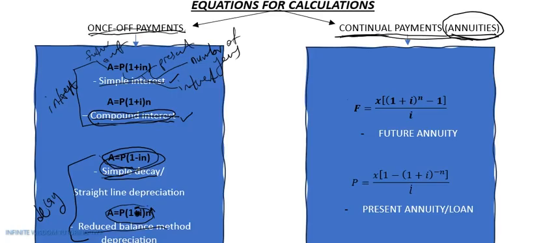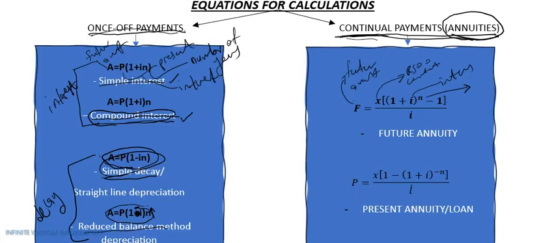When coming to the future value or the future annuity, where we are dealing with the continual payments, this F is the future amount, whereas this X is the amount that you pay continually with constant values. For example, if you are paying 500 every month towards an investment, then that 500, which is the constant amount, will go to X. And the I is the interest rate, whereas the N is different from the once-off payments.